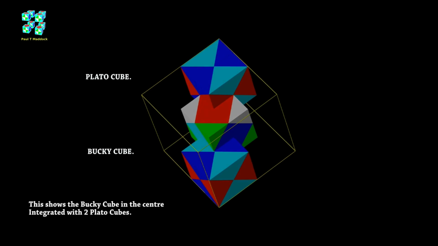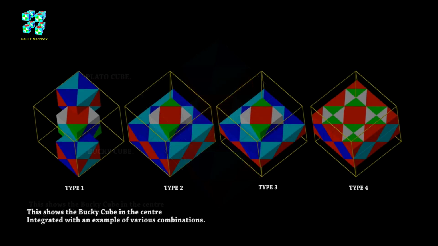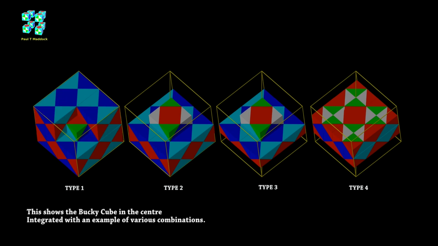In front, I'm showing you 4 examples of different Bucky and Plato cube arrangements. There could be more, but these are just examples. I'm showing you the type 1 going together, the 8 cubes going together and 8 cubes reversing.